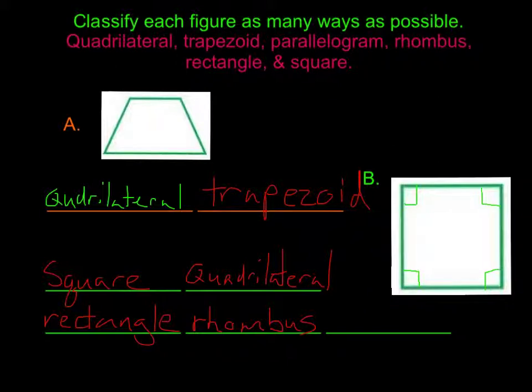And then our very last thing in which we can call it, let's see what we've used here already. Let's go through again. We have used our square, our rectangle, our rhombus, our quadrilateral. So now we have a parallelogram or a trapezoid. Now, the definition of a parallelogram is that it has 2 parallel sides.